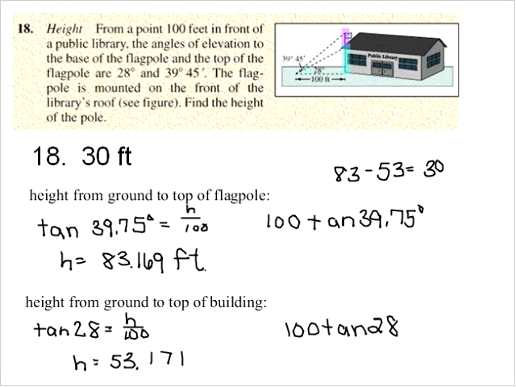So what we can do to find the height of the flagpole is just use subtraction. Let's do the height from the ground to the top, which is 83, minus the height from the ground to the building, which is 53. So 83 minus 53 is approximately 30 feet.